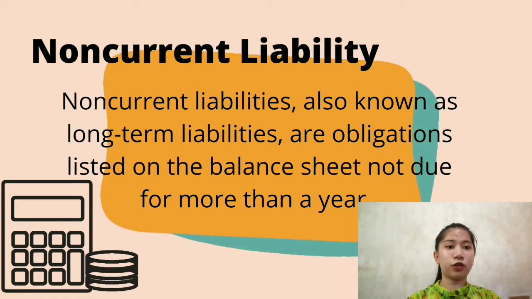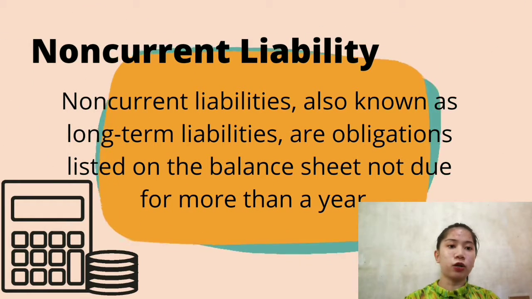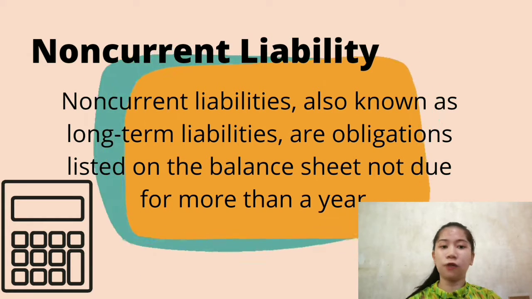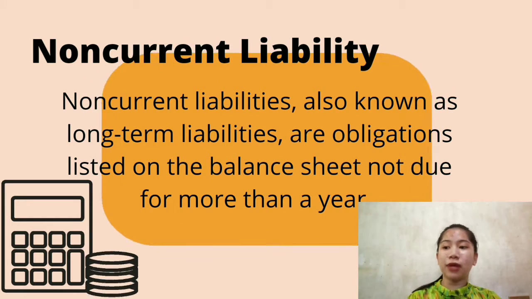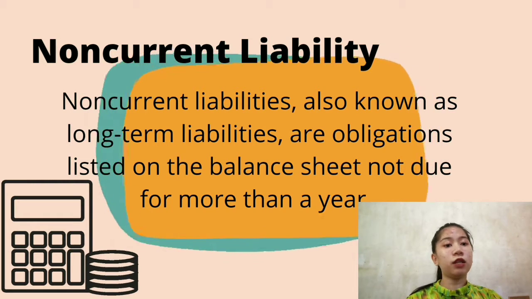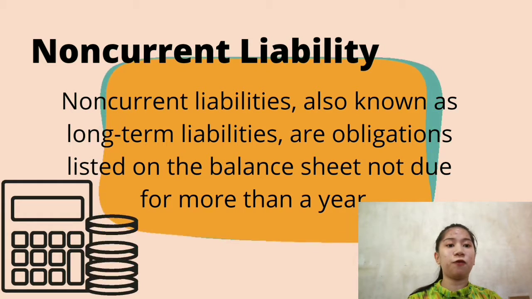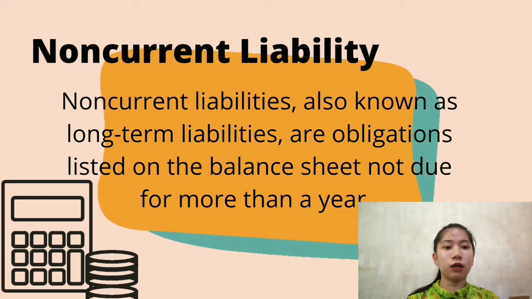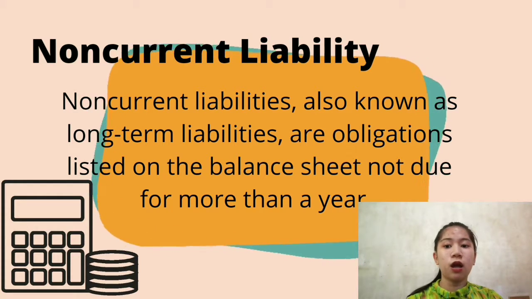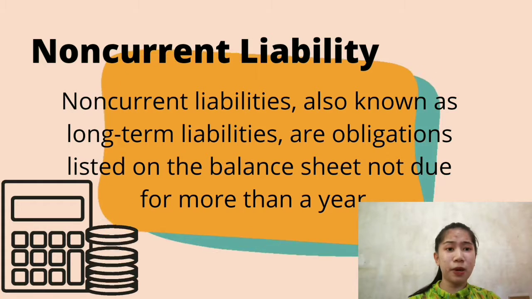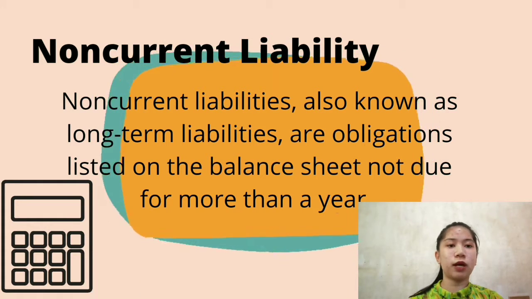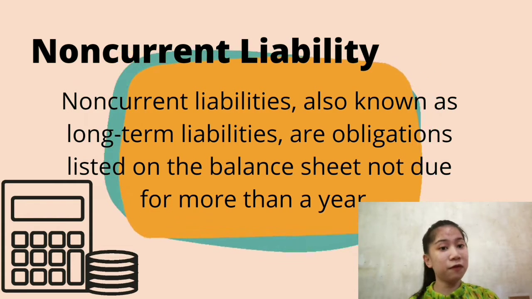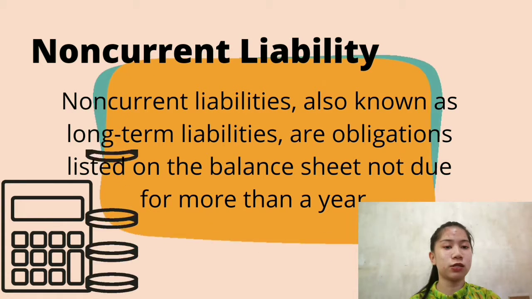Next is the non-current liability or the long-term liability. This is obviously the opposite of the current liability. So that means that the non-current liability is a financial obligation of a company that is not due within a year. It usually depends on the settlement or the agreement. Maybe it will be due in the next 5 years or the next 6 years.